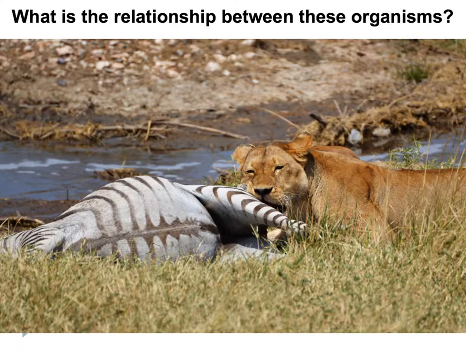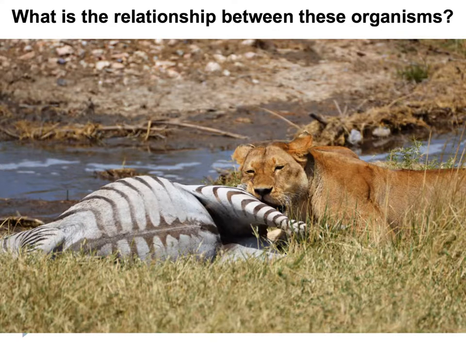Okay, what kind of relationship do we have between these organisms? I took this picture about 60 minutes after these two organisms interacted with one another, this lion and this zebra. And this is an example of predation, which actually would have been pretty awesome for me to see, but I missed it. And we're going to talk about what exactly a predator is in just a minute.